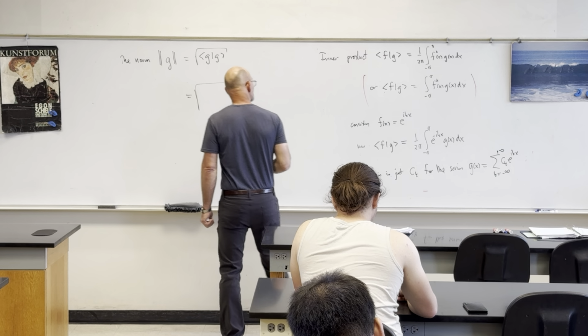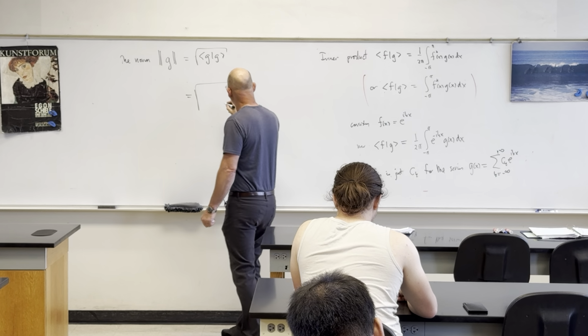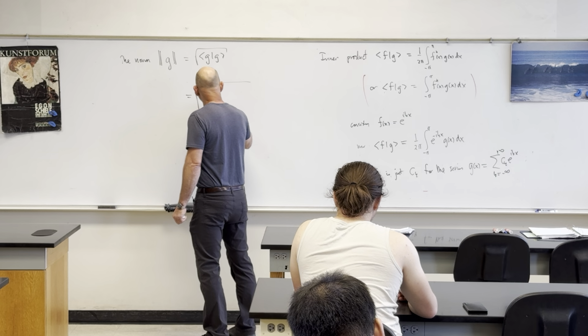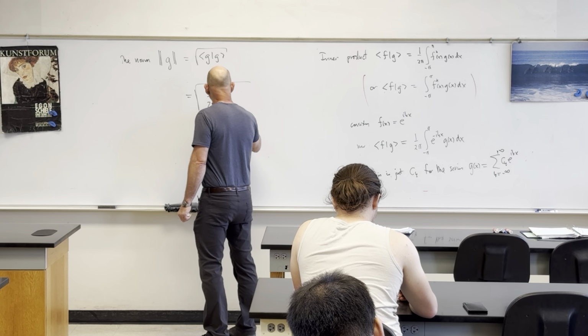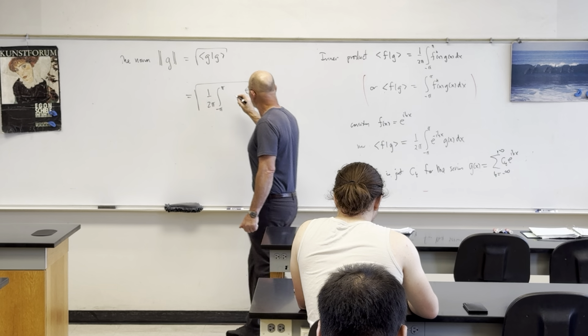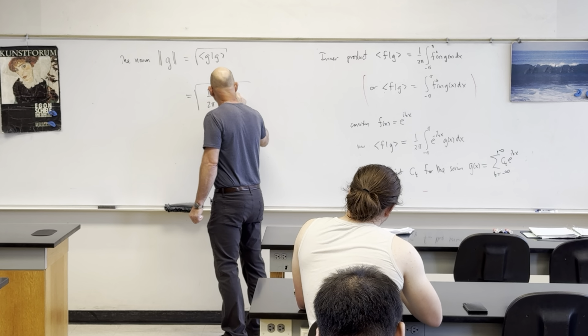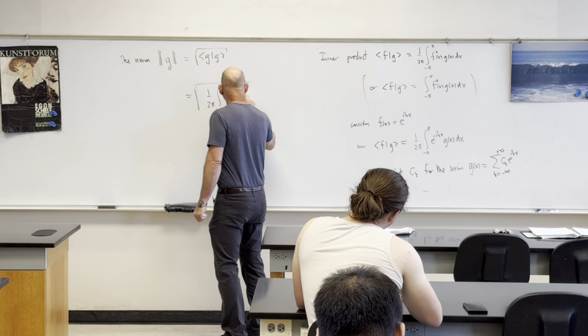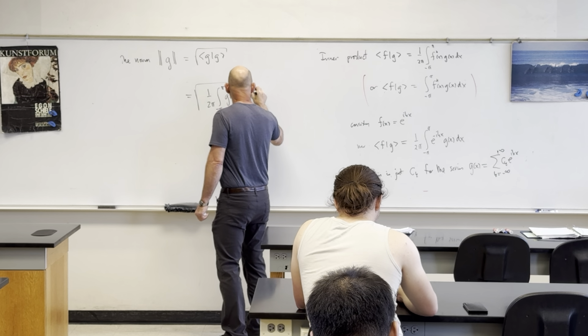So we're looking at the square root of 1 over 2 pi, the integral from minus pi to pi of G star of x, G of x dx.